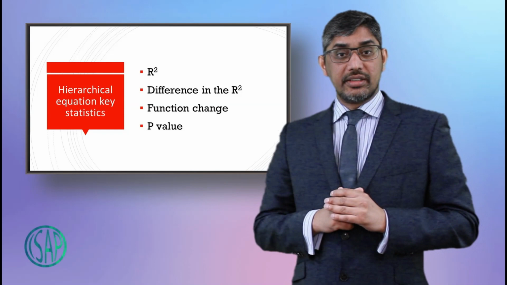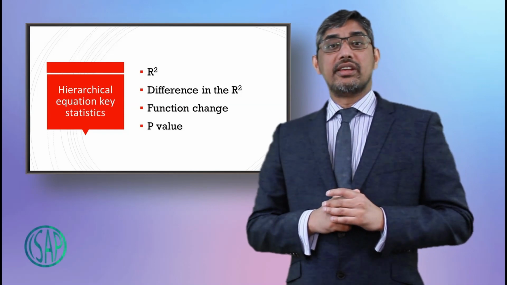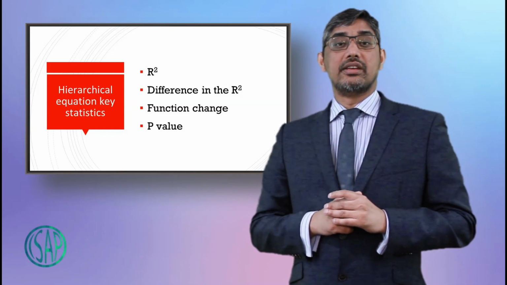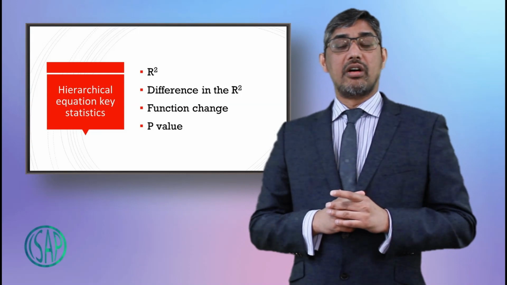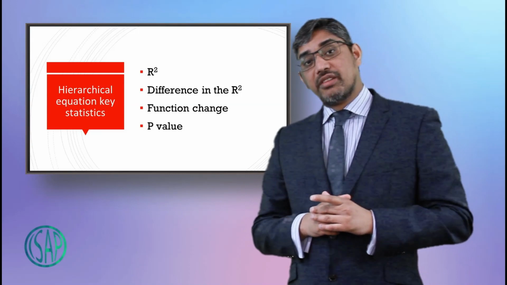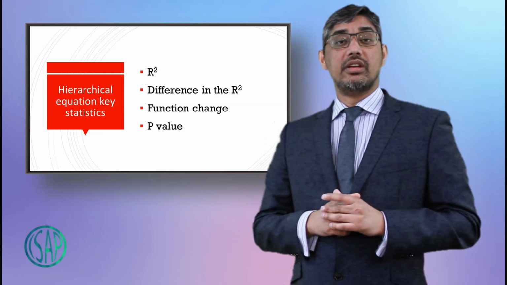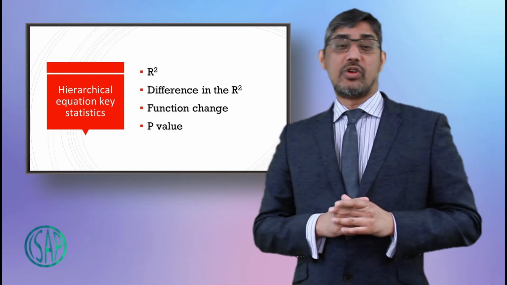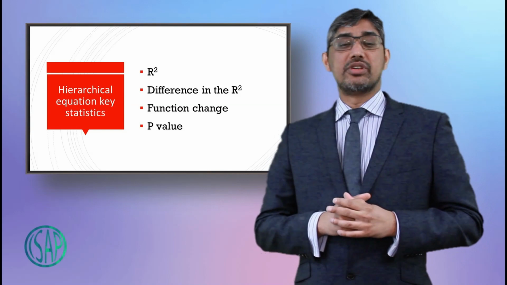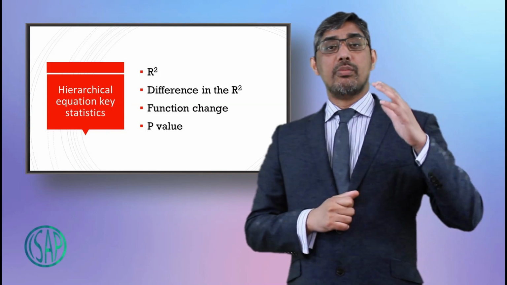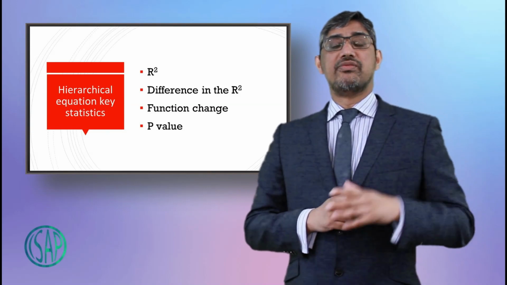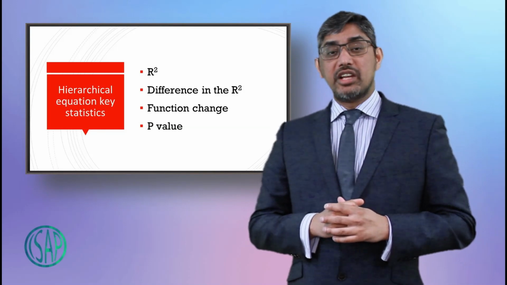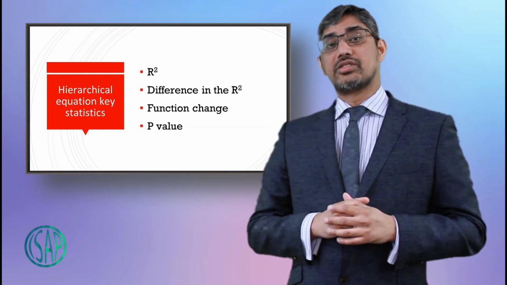And finally, whether the overall model has significant value, or whether the F change itself is significant, we can calculate the p-values as well. So there are 4 key statistics: R square, R square change from model 1 to model 2, F change, and p-values for both models as well as R square change.